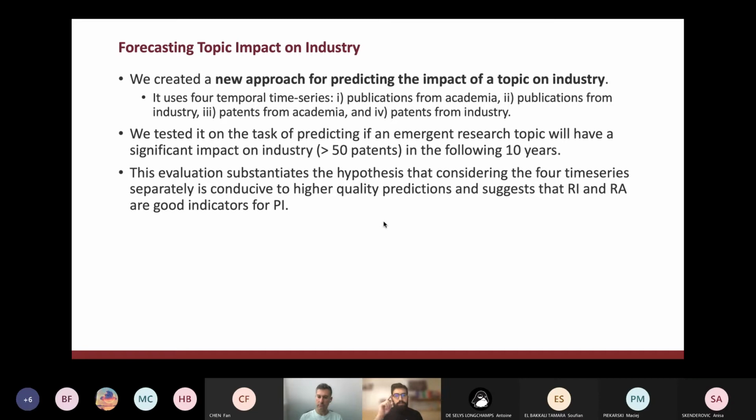Since I am predicting patents in industry, I can potentially feed my model patents from industry and see whether it works. However, the goal here is to see whether the whole four signals, so having this fine-grained representation of topics across these four signals, can be beneficial for the prediction task.